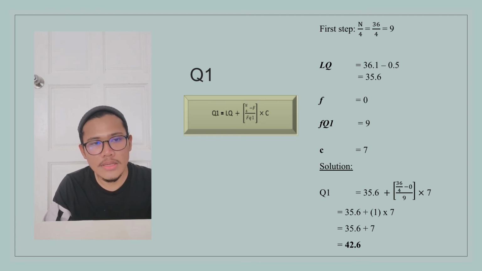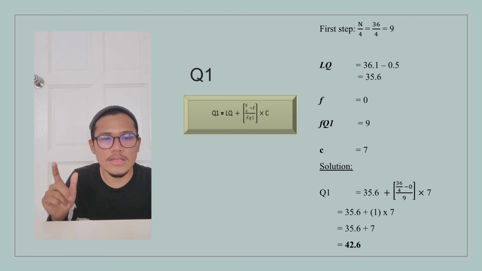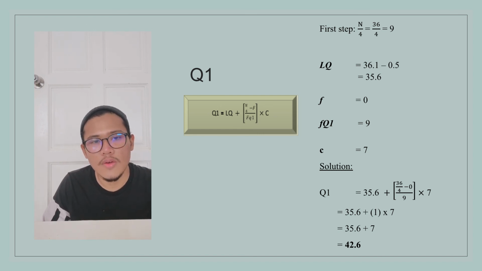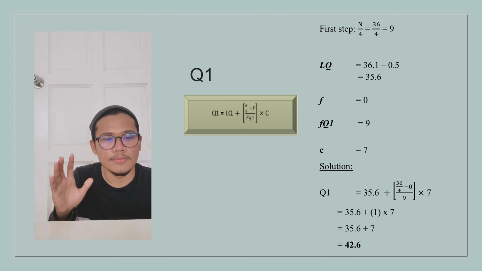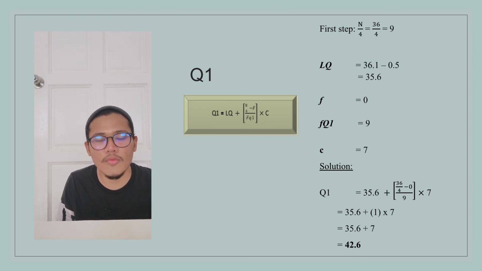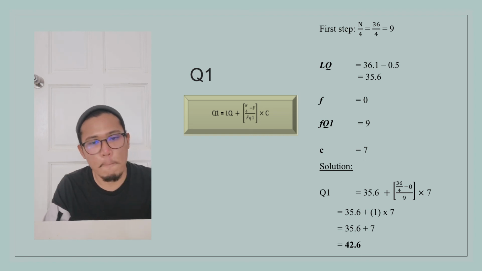LQ is 36.1 minus 0.5, so we have 35.6. Our F is 0, our FQ1 is 9, and C is 7. You can see the solution here, so we got 42.6.